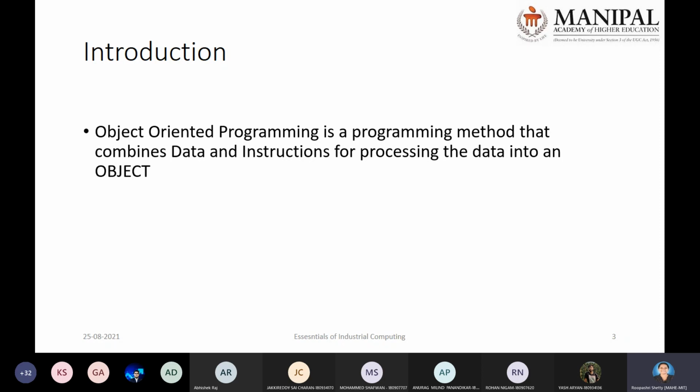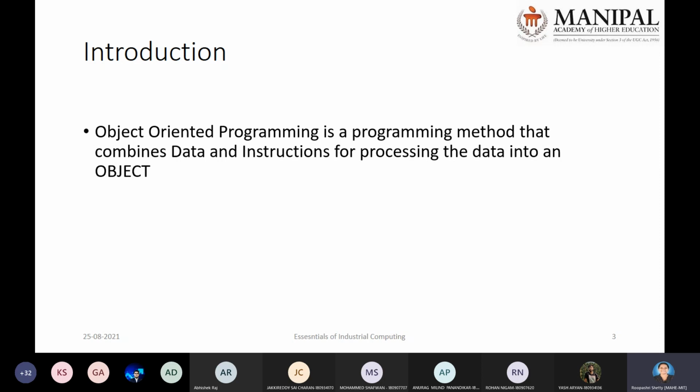The major advantage of object-oriented programming is that the objects, which are the combination of data and instructions, are modeled on real-world entities. That is why, for the development of complex or real-world problems, the concept of object-oriented programs is used. An object is not just a dummy object, it is actually a real-world object.